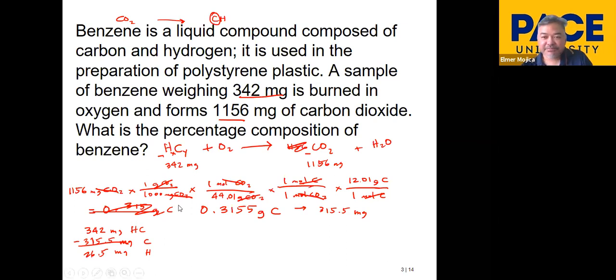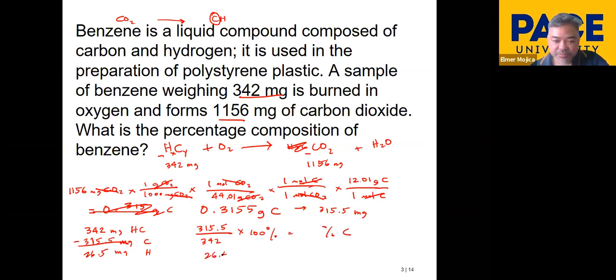Are we done? The answer is no, because what we did is we just found the mass of the hydrogen in the given hydrocarbon. And the one that's being asked is the percentage composition. So what do we do? The 315.5 divided by 342 times 100%, that's the percentage of your carbon.